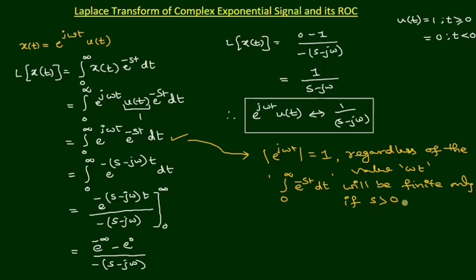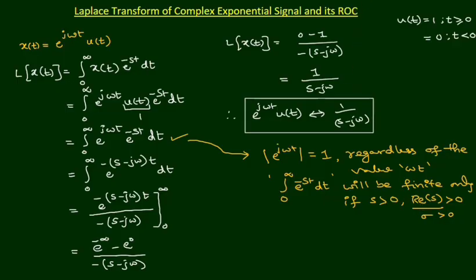The real part of s indicates sigma, and when sigma is greater than 0, the integral of this function e power minus st dt becomes finite.